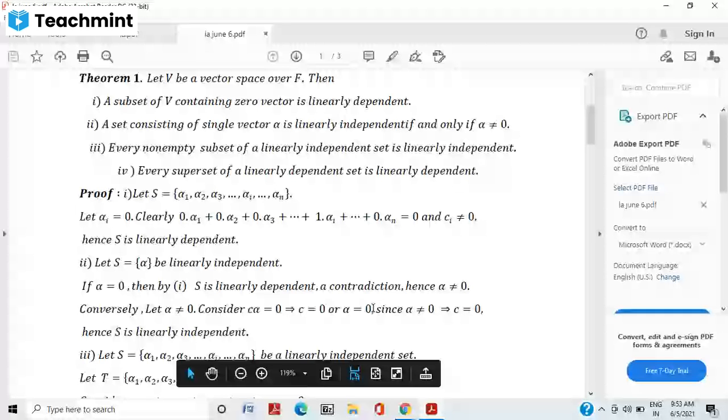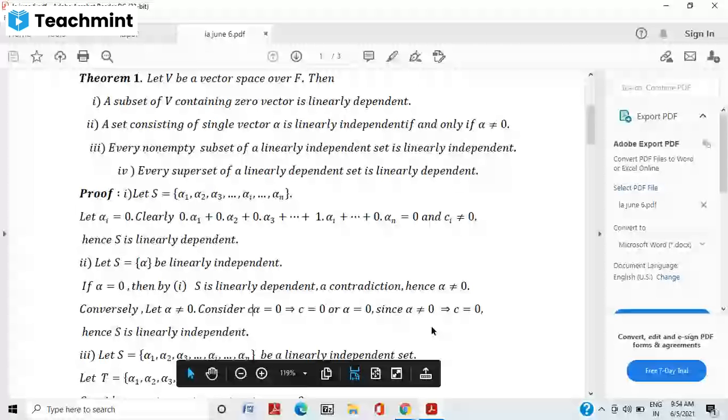But our alpha not equal to 0. Then which one should be 0? Only C should be 0. Then only one scalar is there, C. That scalar is 0. That means what do we get? It is linearly independent. All the scalars are 0 means we can say that the set is linearly independent.